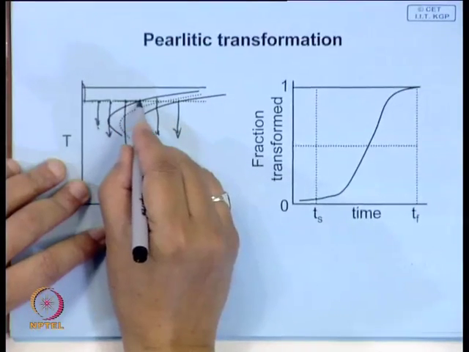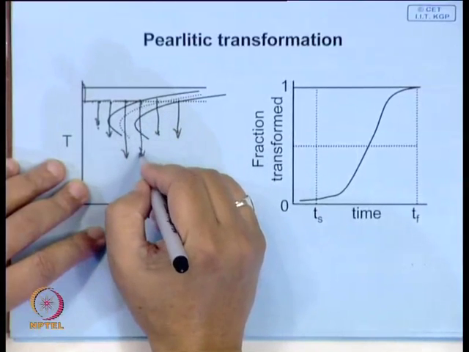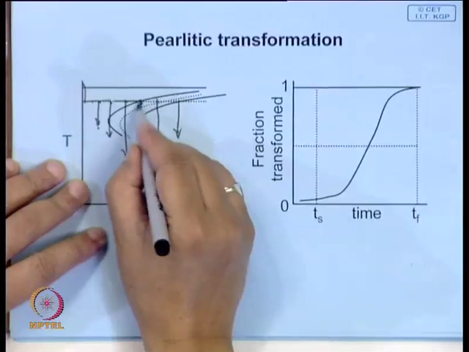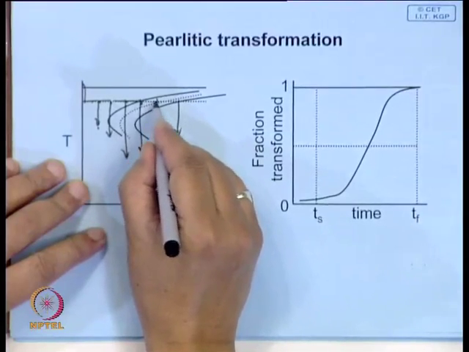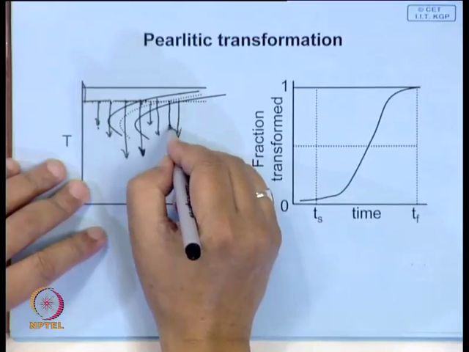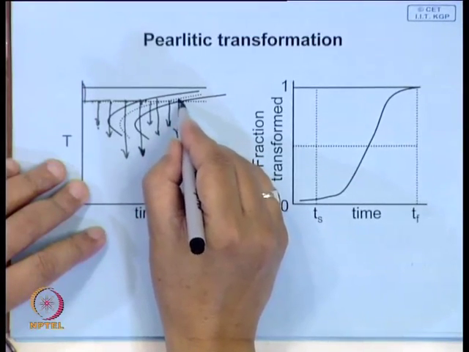So, in all these cases it will have the maximum hardness, and once Pearlite starts forming, the hardness will start dropping and you will get a different microstructure, that is Pearlite, you will be able to see. The amount of Pearlite will go on increasing and it will reach nearly 100% over here.